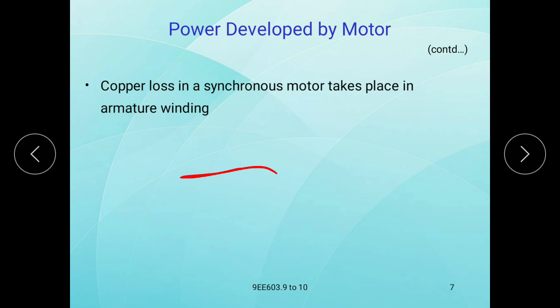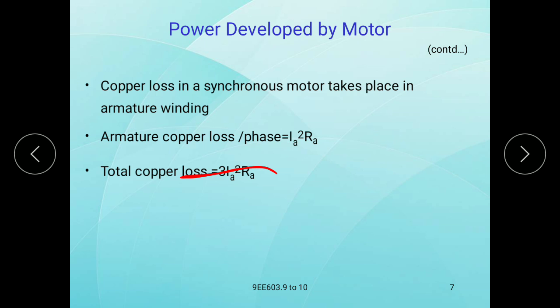So here the armature copper losses per phase is Ia square Ra. Total armature copper losses for three phase is 3 Ia square Ra.